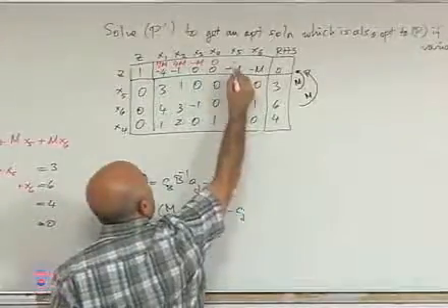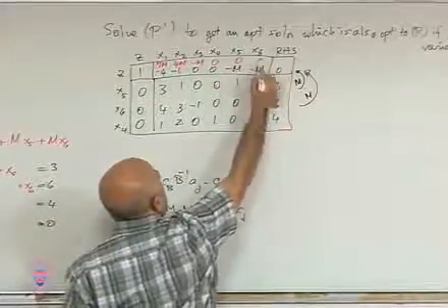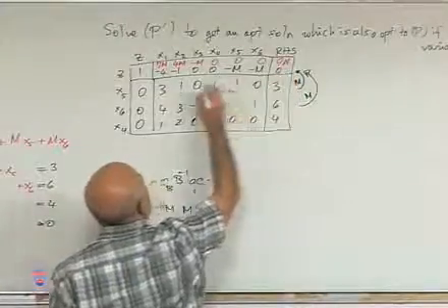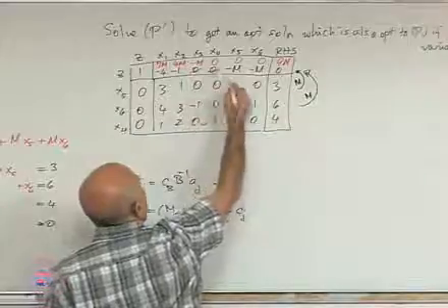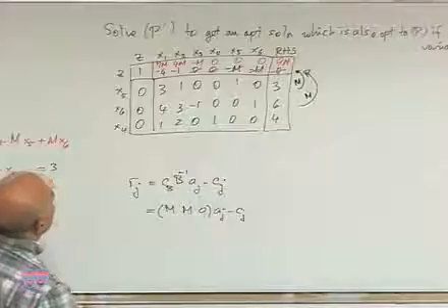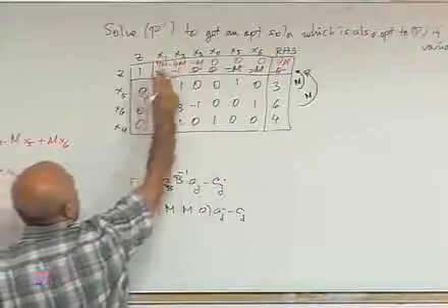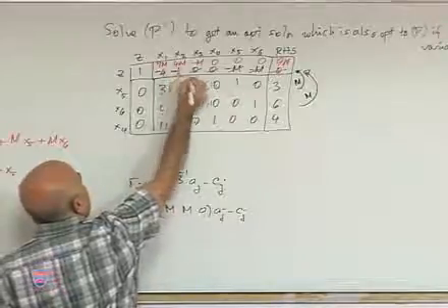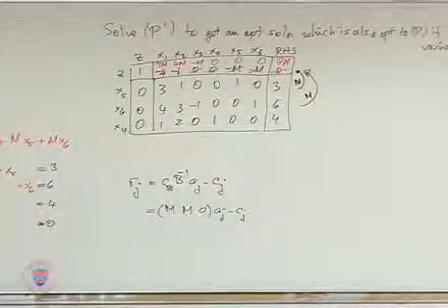This one is 0. This one is 0. This one is 3 plus 6, 9m. So the new numbers are 7m minus 4. Let me make them red. They are the revised numbers.